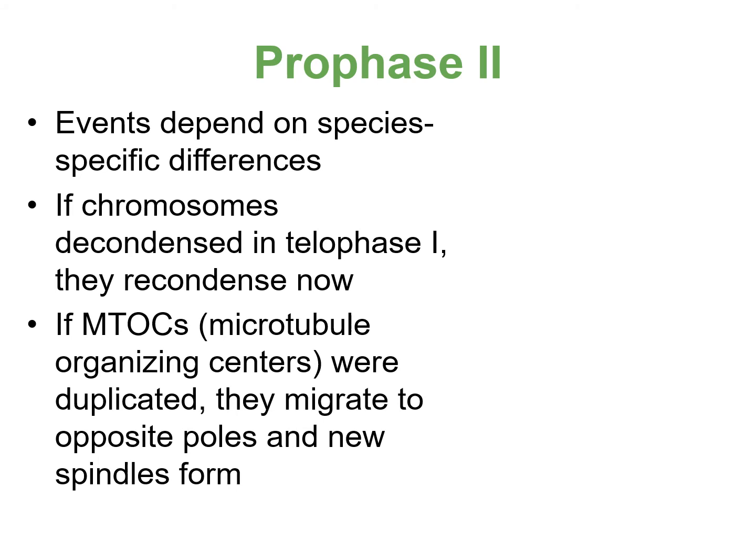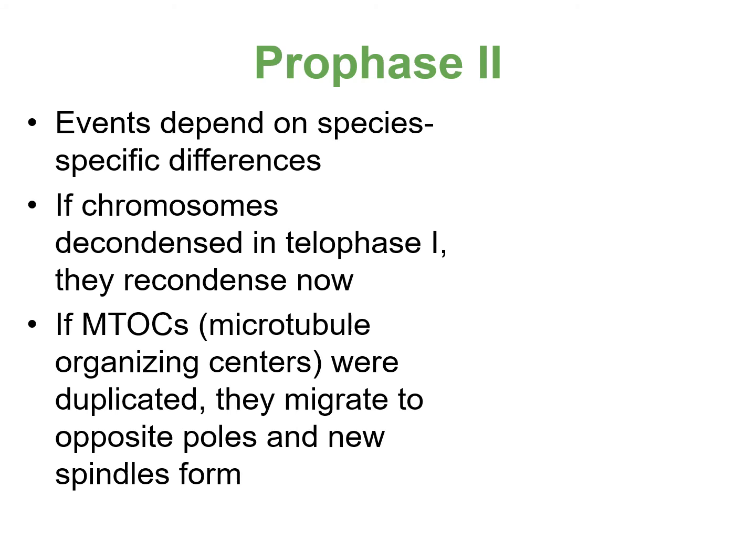So remember, I gave you some different types of events that could happen in telophase 1. So the chromosomes could have the potential to decondense. And if they did decondense in telophase 1, what's going to happen in prophase 2 is they're going to condense again. If the nuclear envelopes were formed, they're going to fragment into vesicles.